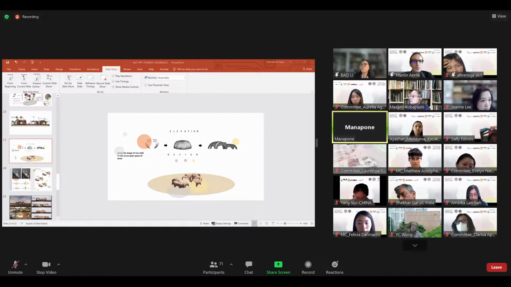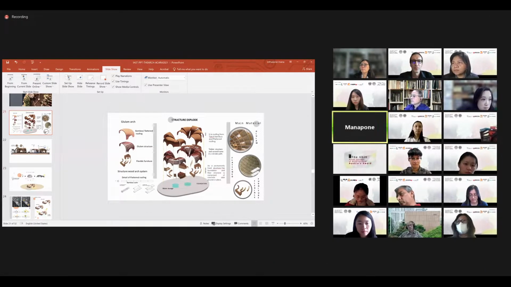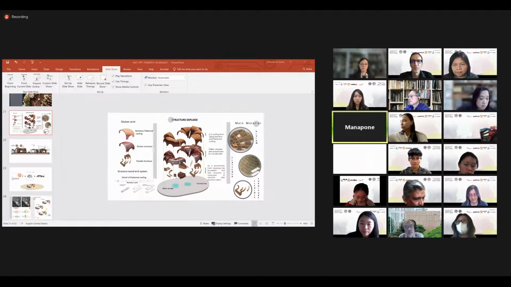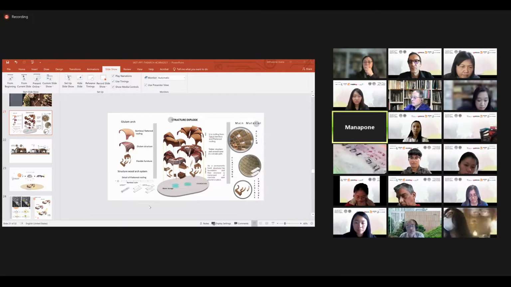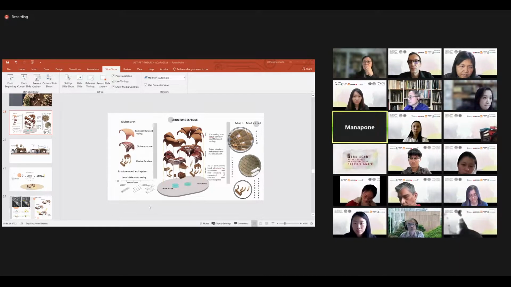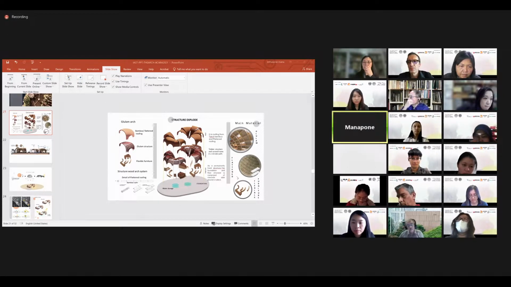Yes, let me talk about it. About the structure in this area, I have used the column structure in this building. This is the curve of the structure, and for the roof I have used some local material, like thatched bamboo and flat bamboo, to cover the roof.